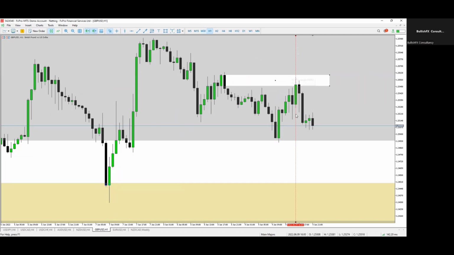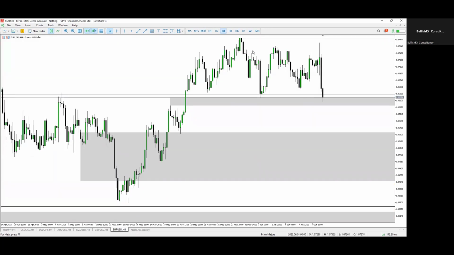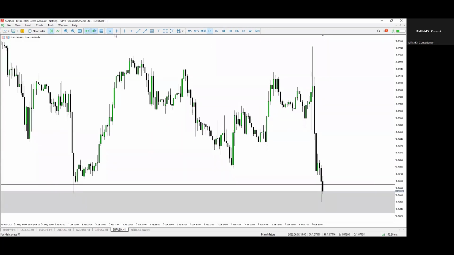Now, if you look at that same time frame, 4 o'clock, and then go to Euro USD on the hourly chart, and also go to the 4 o'clock close, you see that big bearish candle.